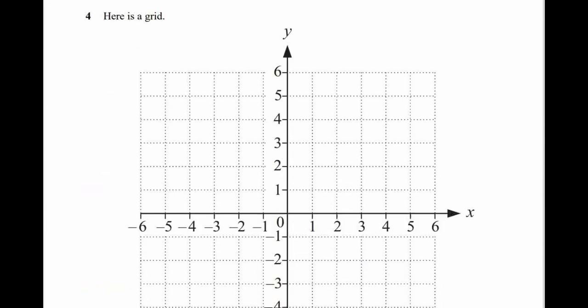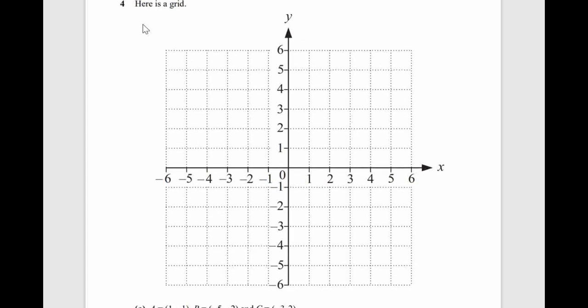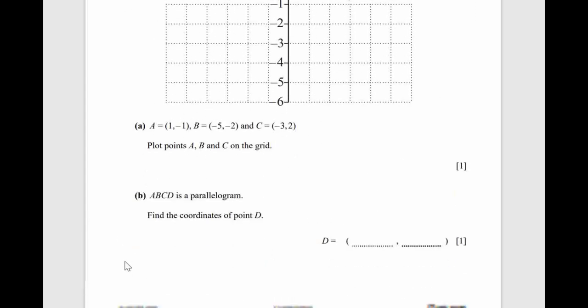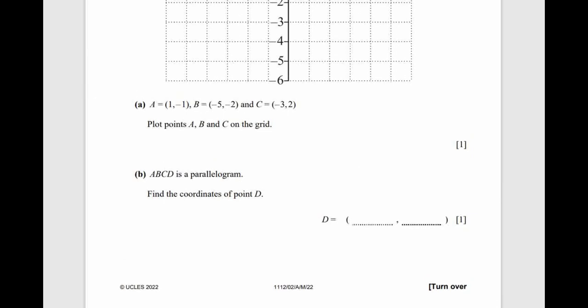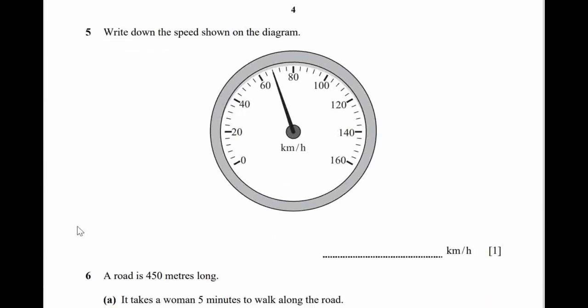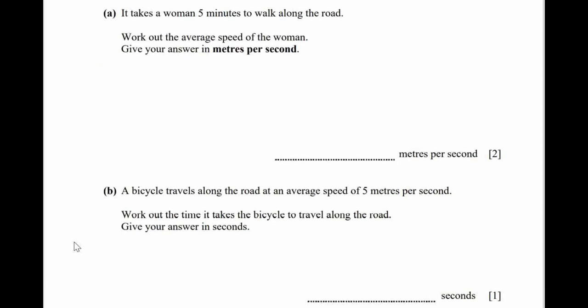Let me zoom out so you may take a full screenshot of the graph for question 4, parts A and B. Now this is question 5, followed by question 6 A and B.